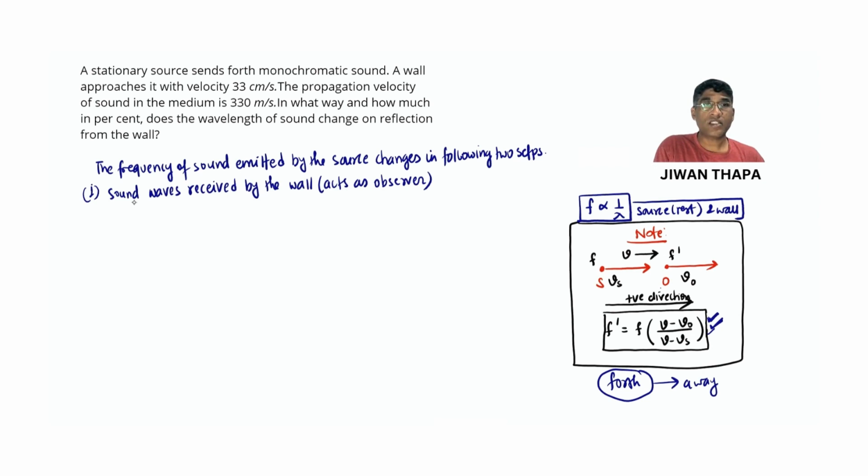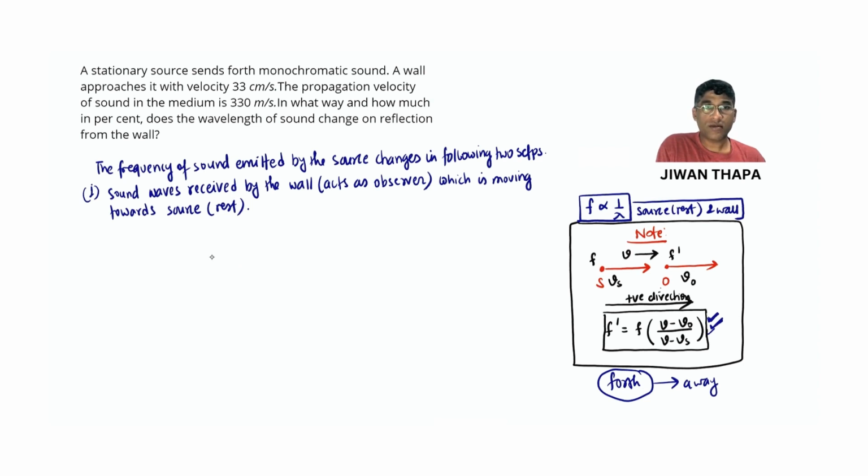So I'm writing, sound waves received by the wall, which acts as observer. This is to be noted: the wall is moving towards the source, and we have the source at rest.